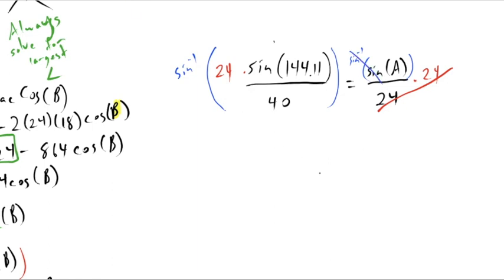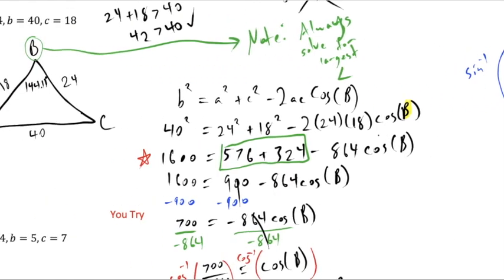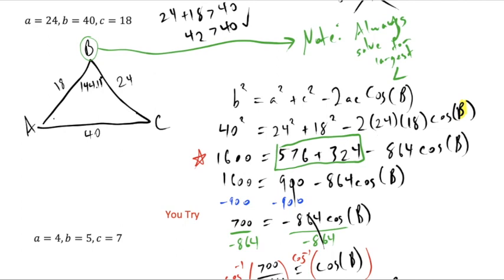If you need to do it in multiple steps, you can. So I'm going to do the inverse sine of 24 times the sine of 144.11 divided by 40, then close off the parentheses for the inverse sine, and I get angle A is 20.59 degrees.